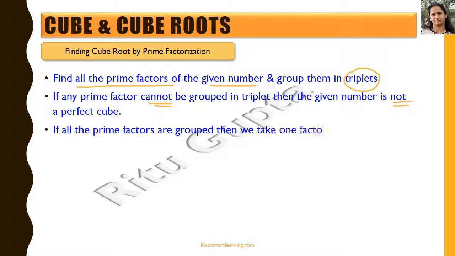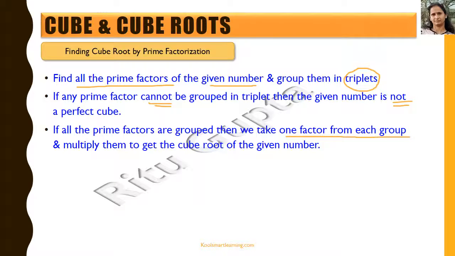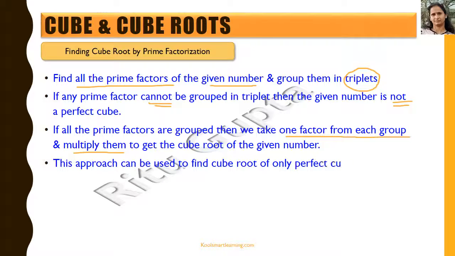Now if all the prime factors are grouped, then we take one factor from each group and multiply them to get the cube root of the given number. As I just mentioned, this approach can be used only to find cube roots of perfect cubes. If it is not a perfect cube, we cannot use this approach.